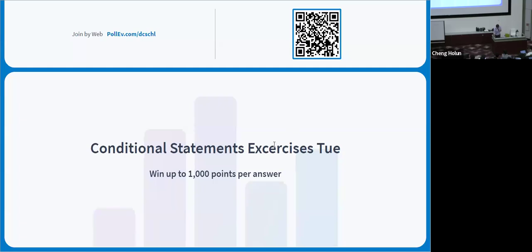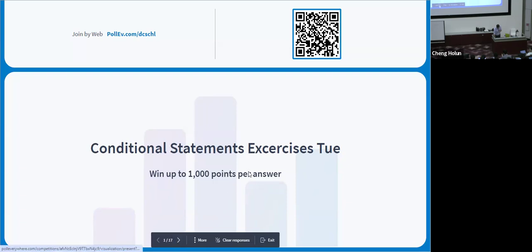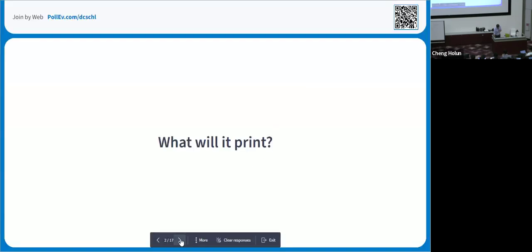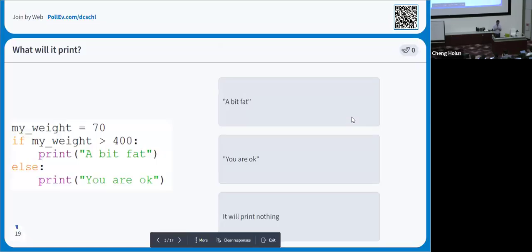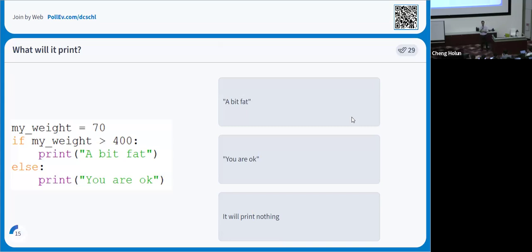So let's try. Start. What will the following code print? It should also display on your phone, I guess. You have 20 seconds. Is it too long?